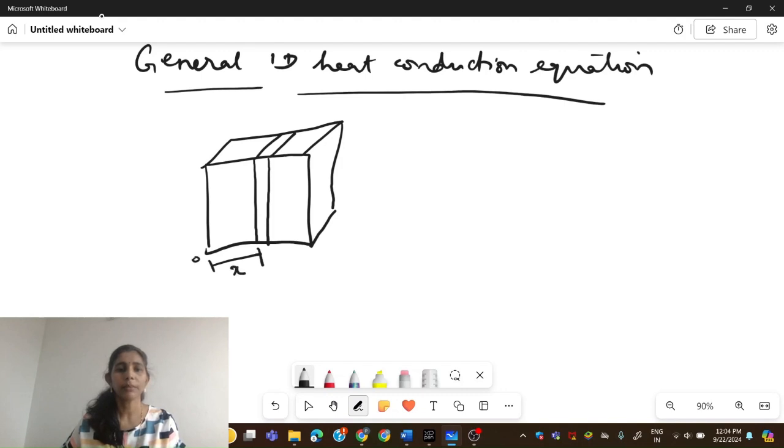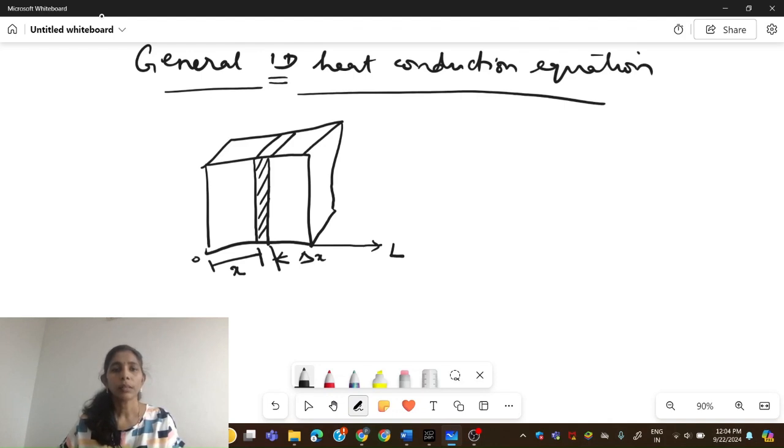Here I'm taking from a distance x a small element which has a thickness of delta x. Let me shade this element so that you are able to see it distinctly. Now assume the length of the element extends towards L in the x direction, and we are not worried about the y and z direction because this is a one-dimensional heat conduction equation.